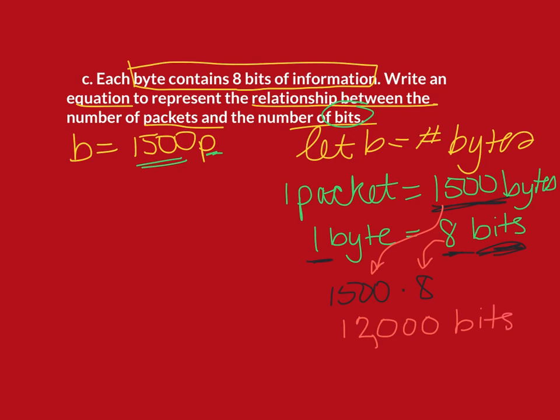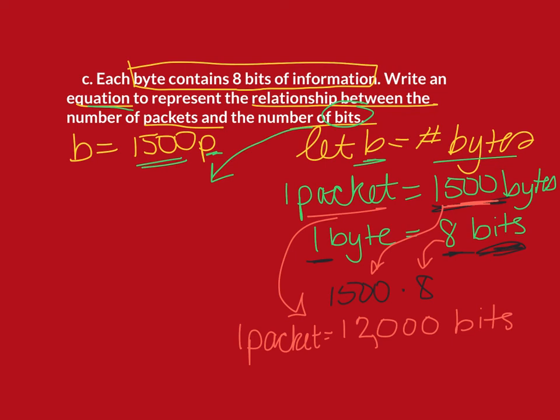And I know that those bits, because there's 1500, remember where our numbers came from, this is per 1 packet. So 1 packet equals 12,000 bits. So I need to choose a new variable because we already have B here for the number of bytes, and we're writing an equation for the number of bits.